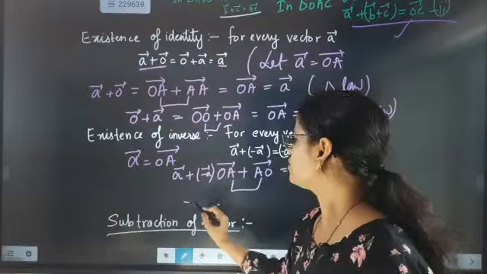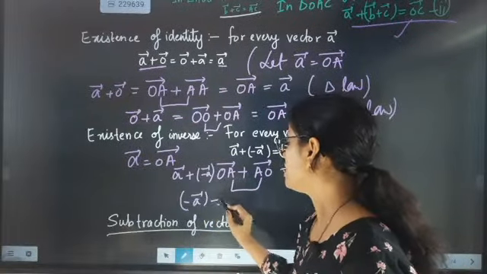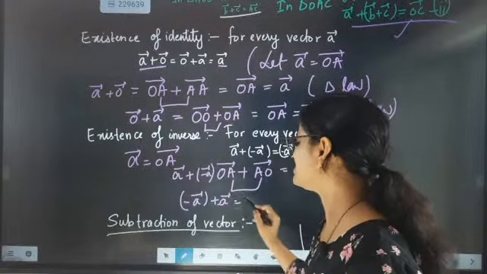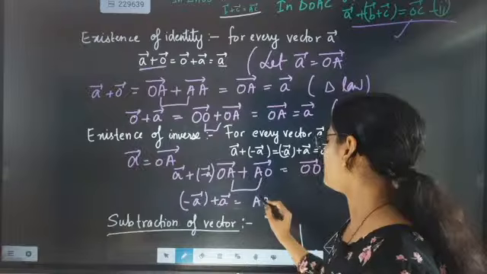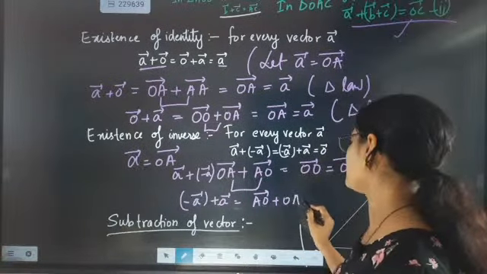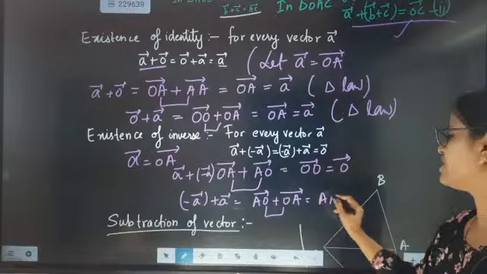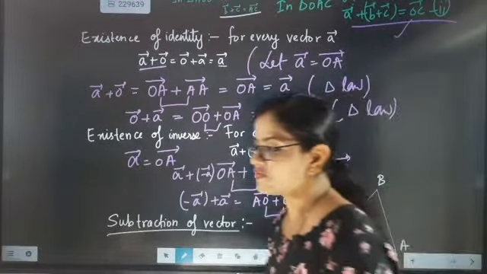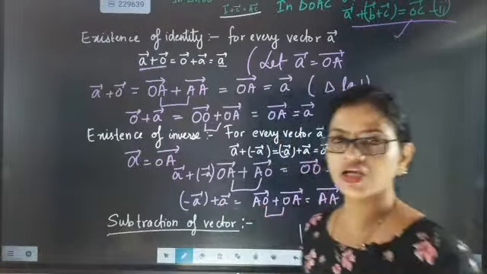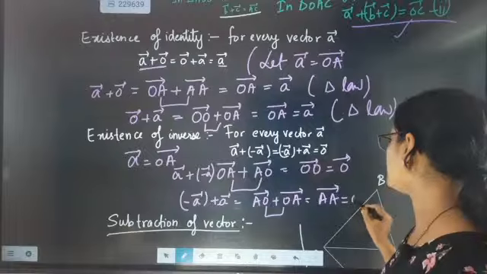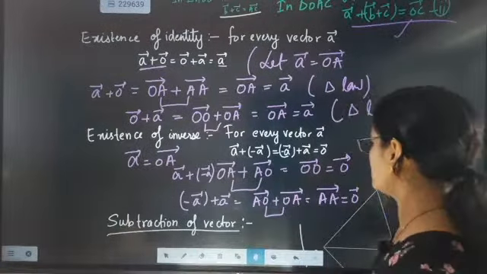Now we are going to write minus A vector plus A vector. When we write like this, it will become AO vector plus OA vector. Now AO vector and OA will coincide, it is coming as AA vector. And you know that a vector which has the same initial point and terminal point will become a null vector, so it will become O vector.